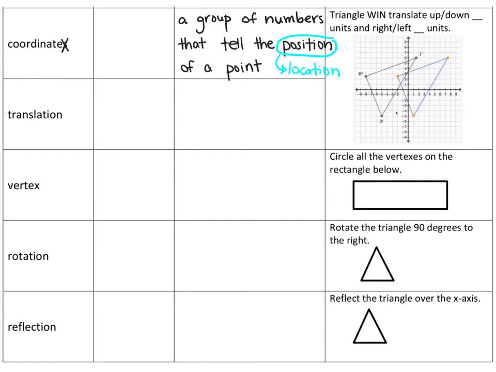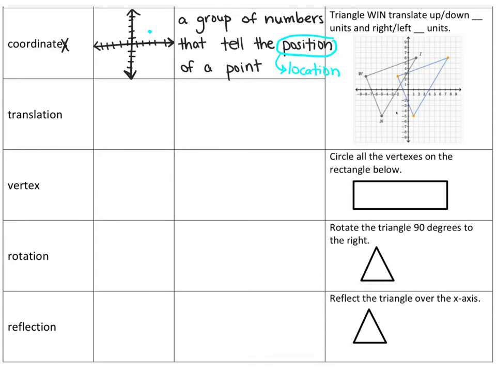We will draw our coordinate plane right here and then put a coordinate on it. All right, draw your coordinate plane. Pause the video. Then I'm going to put a point here. And we're going to figure out what the coordinate is.